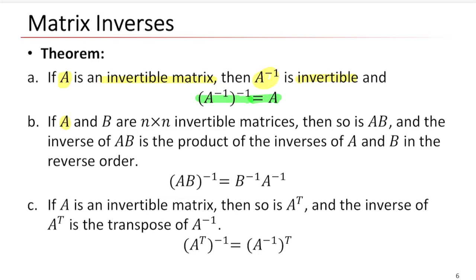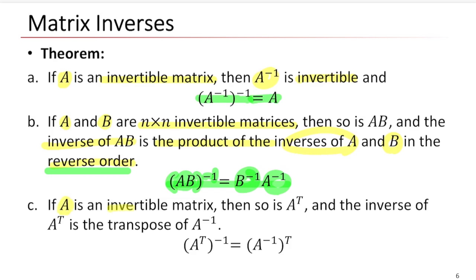The second theorem: if A and B are arbitrary n by n invertible matrices, then the inverse of A times B is the product of the inverse of B and the inverse of A, in reverse order. This is another theorem. There's one more theorem.